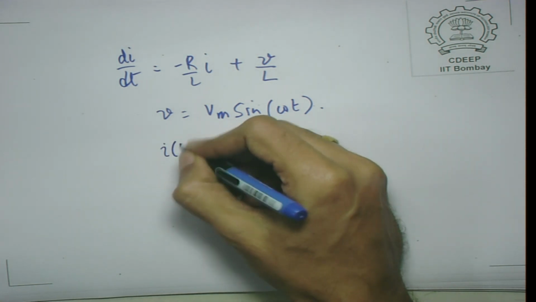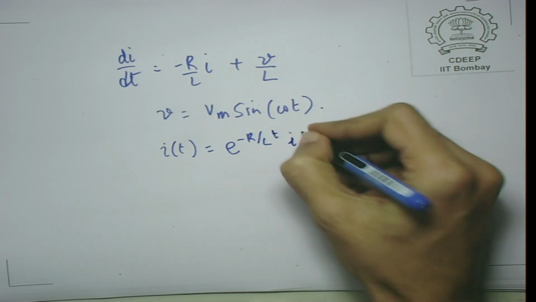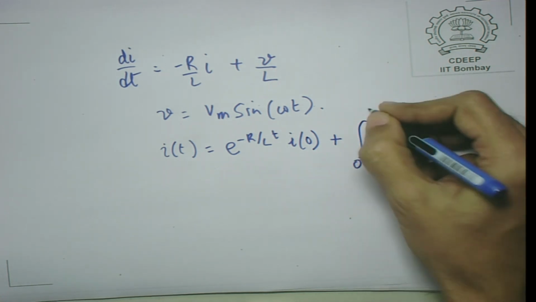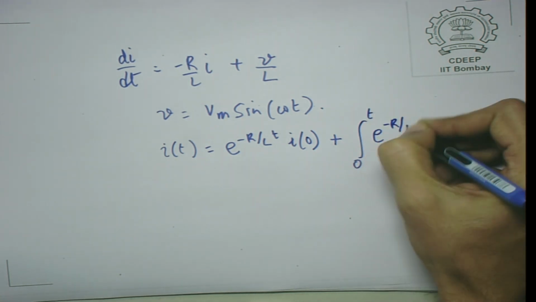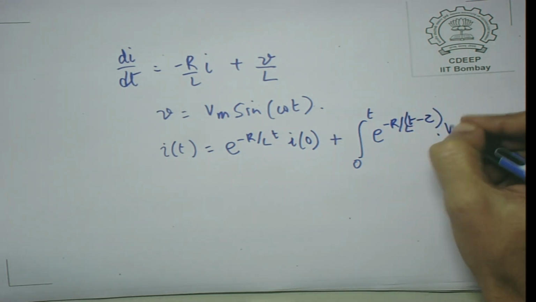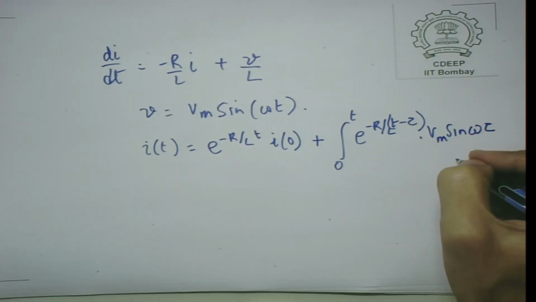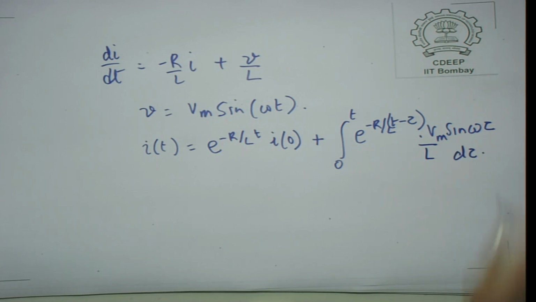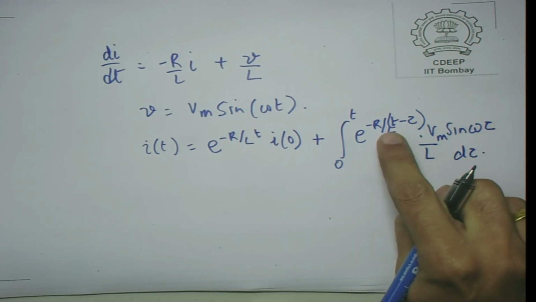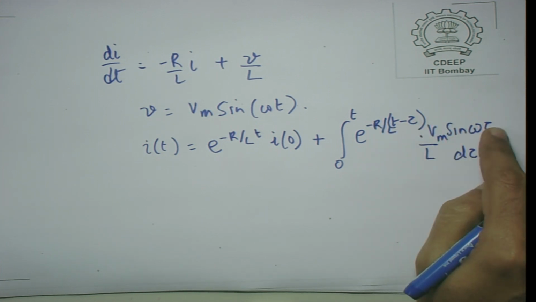I of t will be e raised to minus r by L t I0 plus the integral from 0 to t of e raised to minus r by L (t minus tau) into Vm sin omega tau d tau divided by L. Now this integration becomes a bit more complicated, because you will have to integrate e raised to minus r by L tau into sin omega tau.